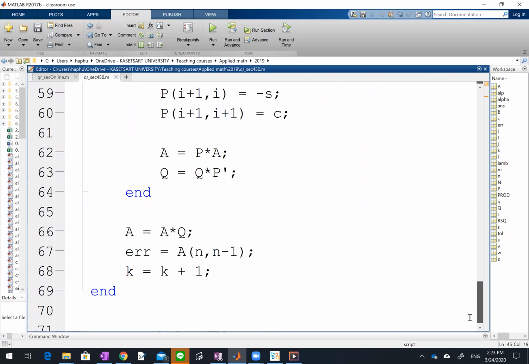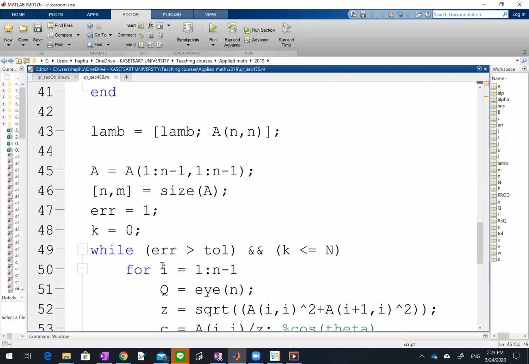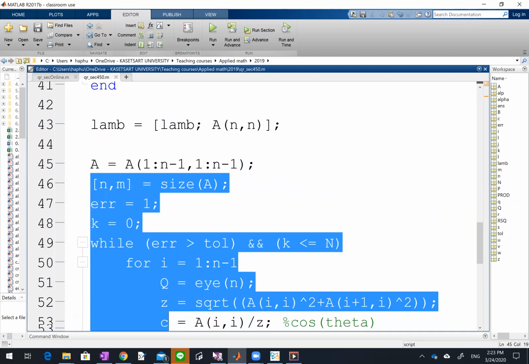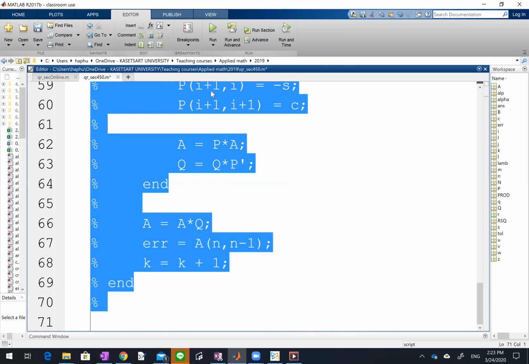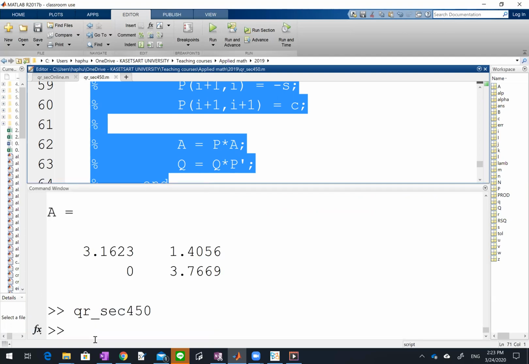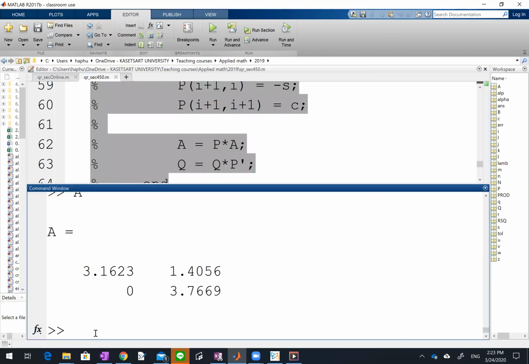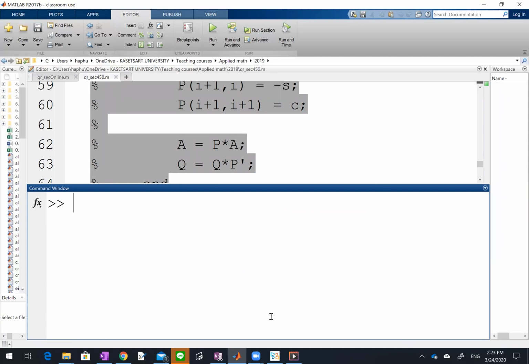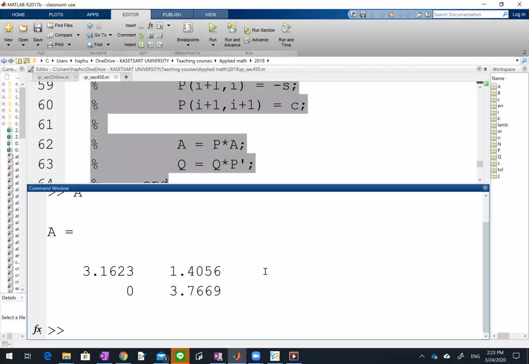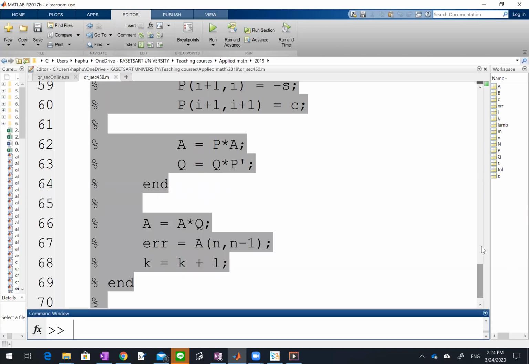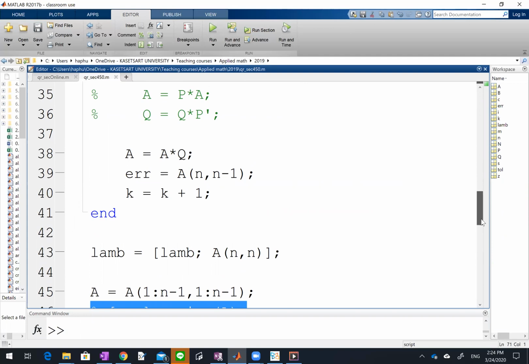Update, and let me just comment this for a minute and then run it. Okay. So this is my A after, oh, okay. See here, CLC, run it again. Let's see my A. I think my A is wrong since here. Let's see if I did anything wrong here.